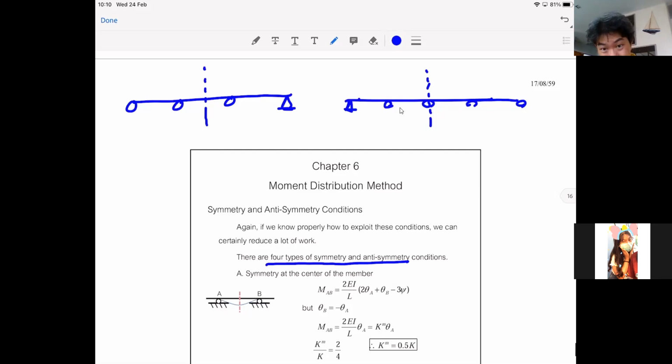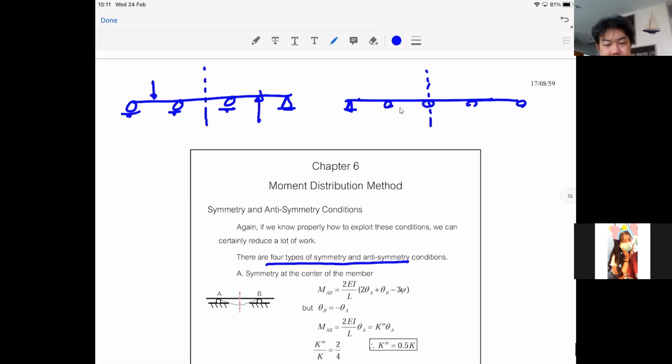But for anti-symmetry, you get symmetric structure but anti-symmetric loading condition. For example, you would get symmetric if I put the load like this, right? But you would get anti-symmetric instead if this load is like that.